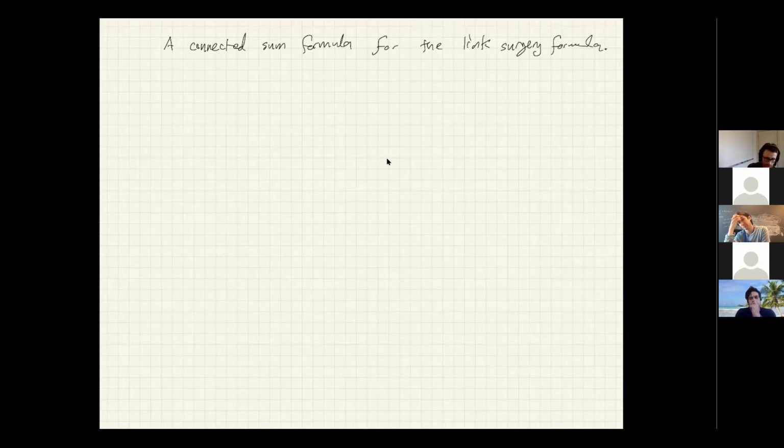And so the way that we're going to phrase this is we'll take L and L prime to be framed links, let's just say in S3, and we take two special components. And what I'm going to do is ignore a lot of the directions in the cube.